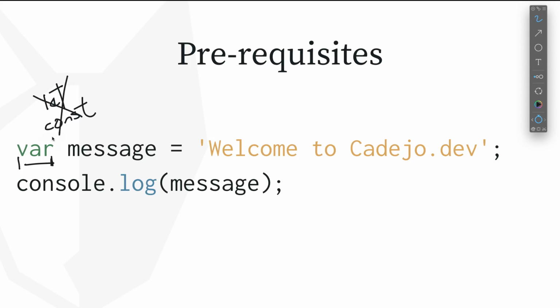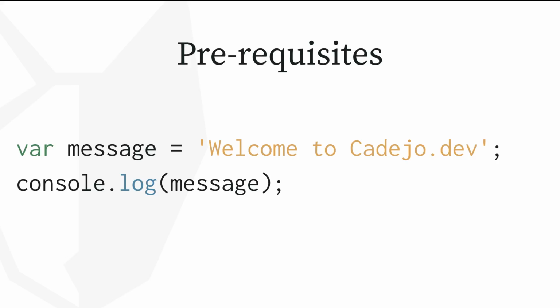I just want you to be able to understand what this var is doing in here, what these quotes are doing right here, and what this console.log is doing. If you can successfully do that, that's basically all I need for you to be able to fully understand this video. If you don't though, that's okay. I'm going to put a couple of videos in the description below for you to be able to get all that fundamental JavaScript knowledge that you need to be able to fully take advantage of this video.